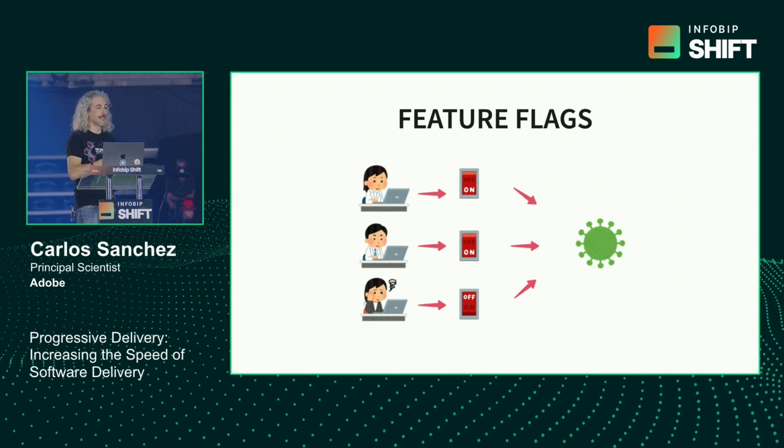Feature flags is I'm separating totally what is a release and a deployment. So I'm putting my code into production, but people not necessarily will see that new functionality, this fix, or whatever it is. I have some feature flag service, which could be from environment variables to something more complex.